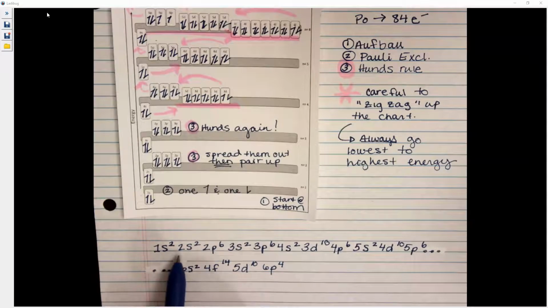1s2, 2s2, 2p6, 3s2, 3p6, 4s2, 3d10, 4p6, 5s2, 4d10, 5p6, 6s2, 4f14, 5d10, 6p4.